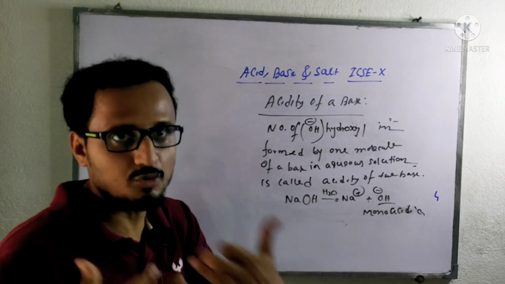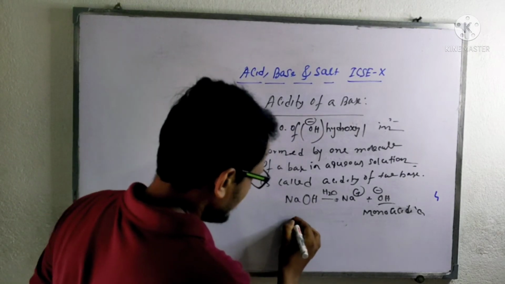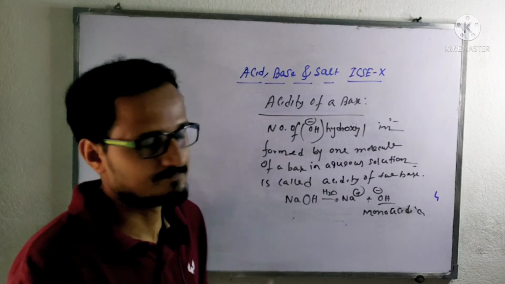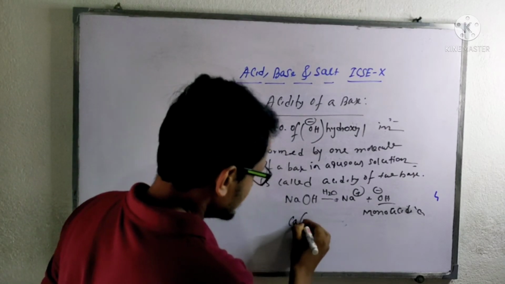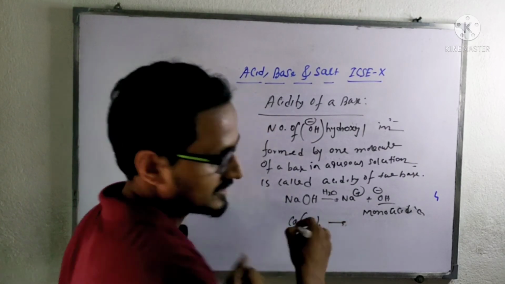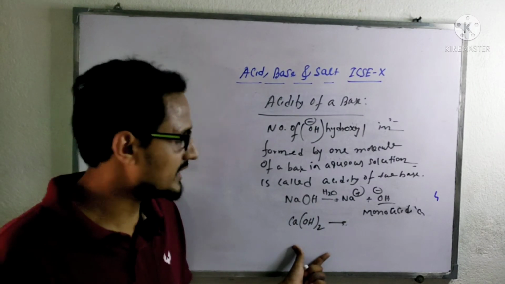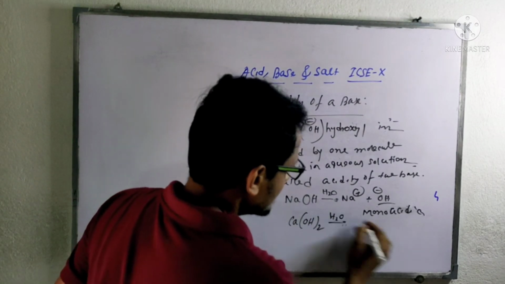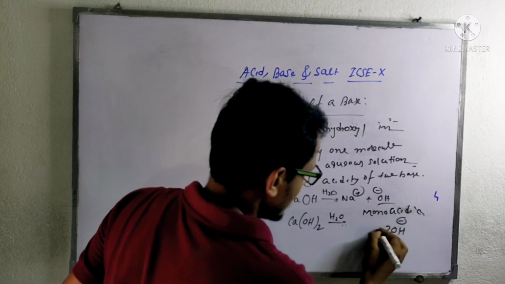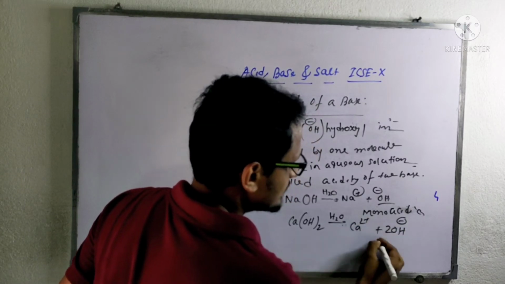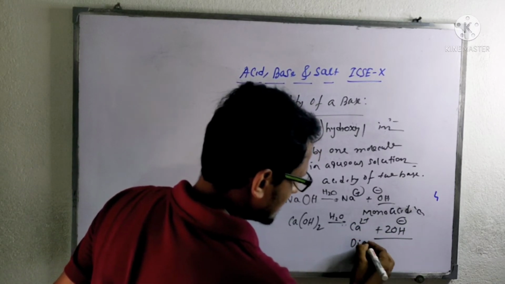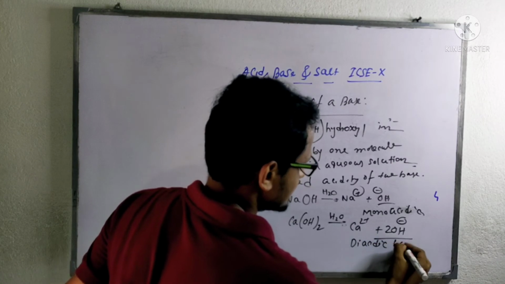We have to write monoacidic. Potassium hydroxide is also monoacidic, but calcium hydroxide has two OH, so in aqueous solution it will form 2 OH minus and Ca2 plus, so it is a diacidic base.